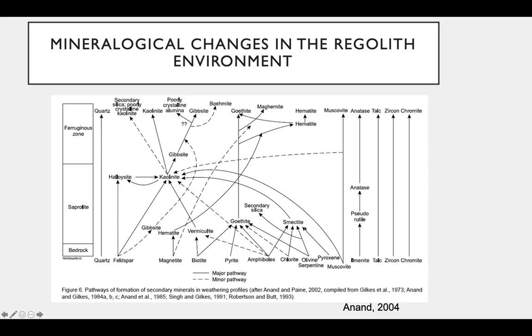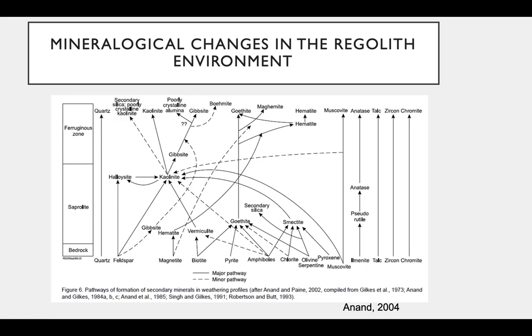We might also get other minerals like smectite, but also we can release aluminium to form gibbsite, which is essentially hydrated aluminium. So in most laterites we're worried about gibbsite versus goethite, so the proportion of aluminium versus iron that forms.